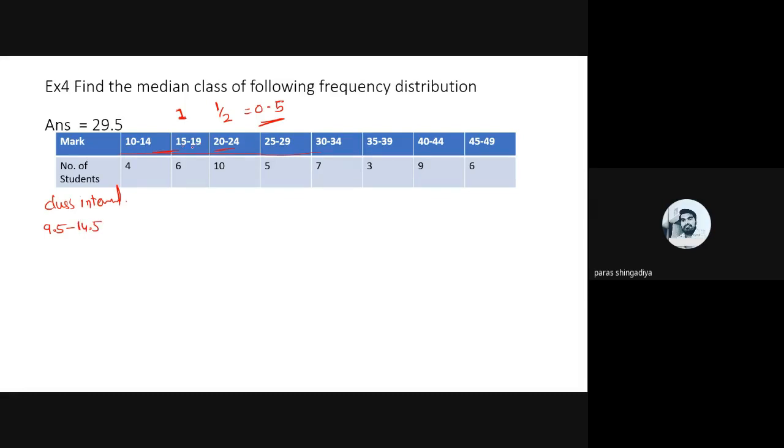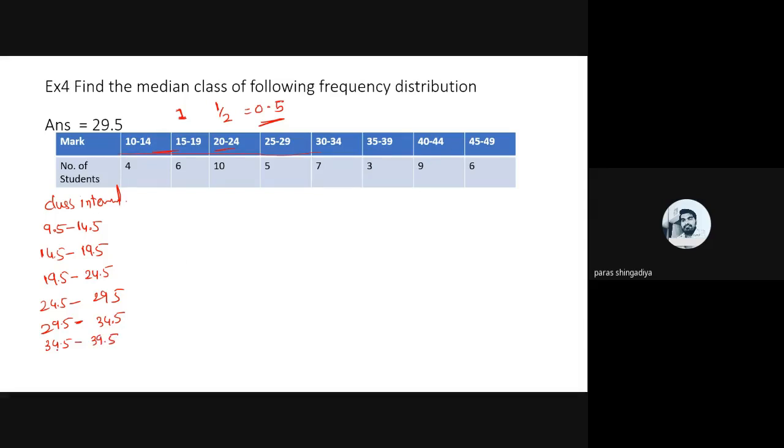And 15 to 19 will become 14.5 to 19.5, then 19.5 to 24.5, and 24.5 to 29.5. And then 30 to 34 will become 29.5 to 34.5. Then 35 to 39 will become 34.5 to 39.5.